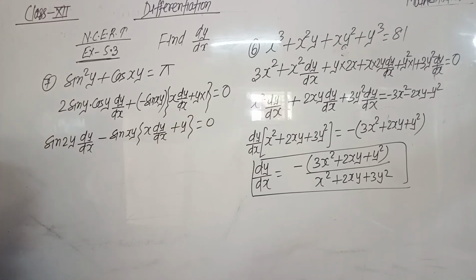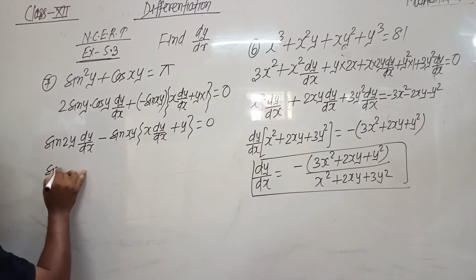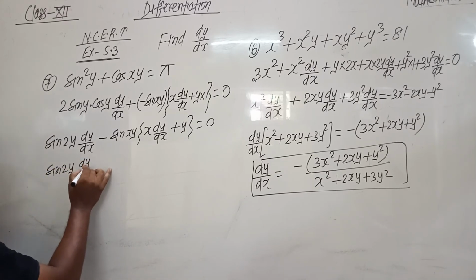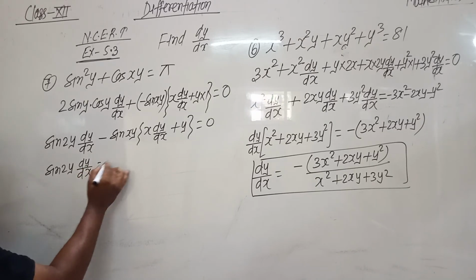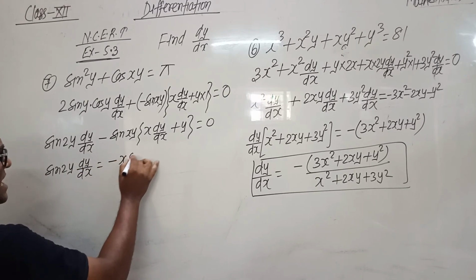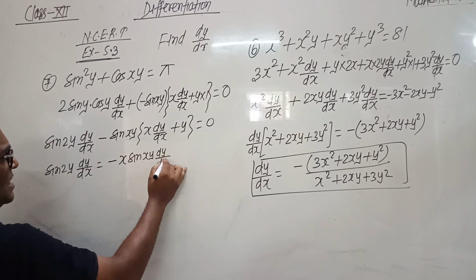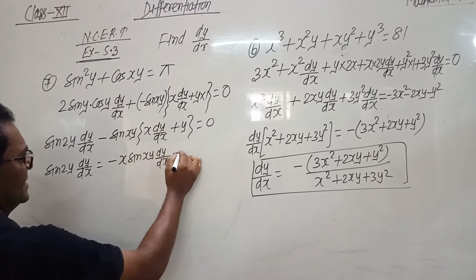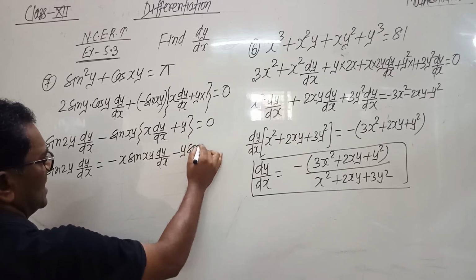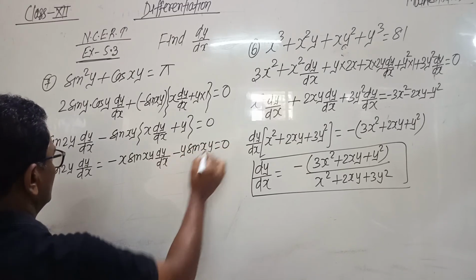Now remove this bracket by multiplying sin xy. So sin 2y dy by dx equals to minus of x sin xy dy by dx, and minus plus minus y sin xy equals to 0.